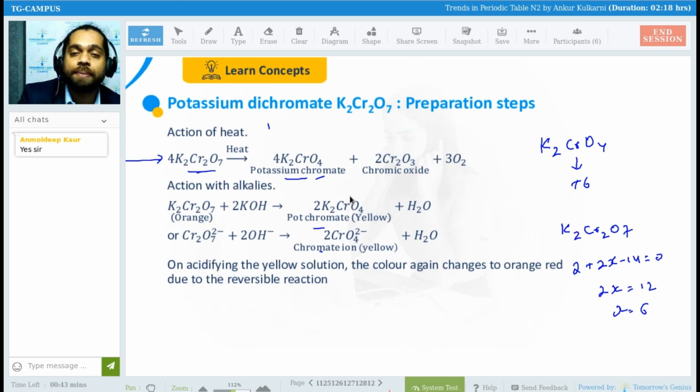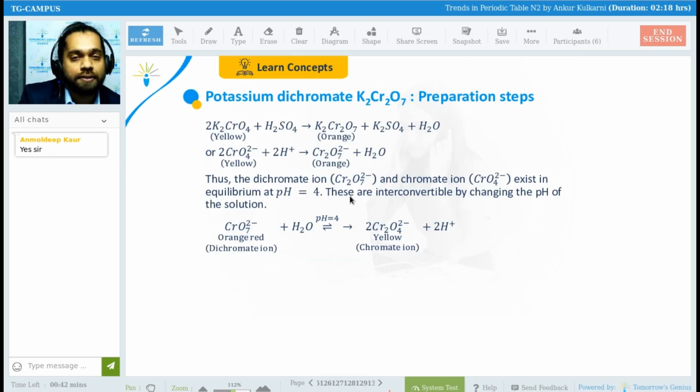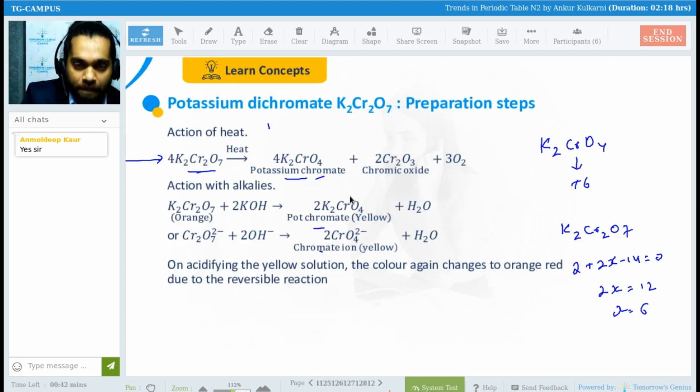So that is how it behaves with alkali and with heat. For the base, it was behaving like that. For the acid, you have to just reverse the reaction. What is happening when you react with base? You were getting orange to yellow.